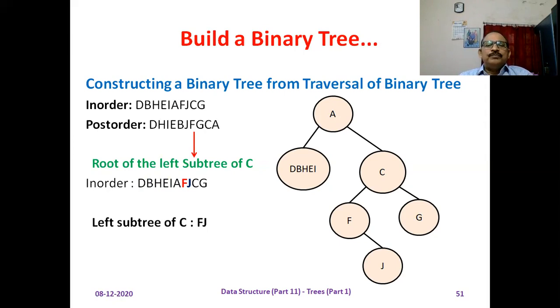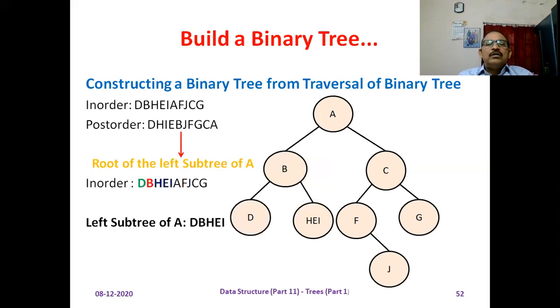Now, focus on the left subtree of A: D, B, H, E, I. In these nodes, you can see B appears first in the post-order traversal sequence. Therefore, B becomes the root of the left subtree of A. Now you can see the in-order traversal sequence.